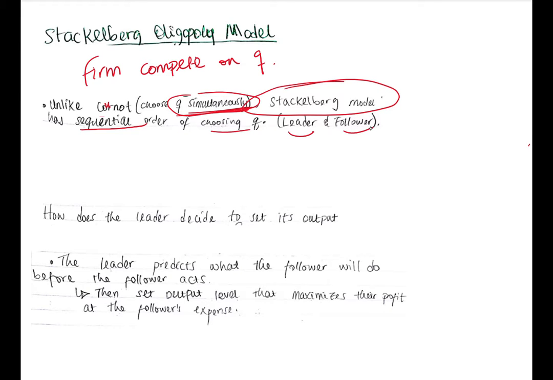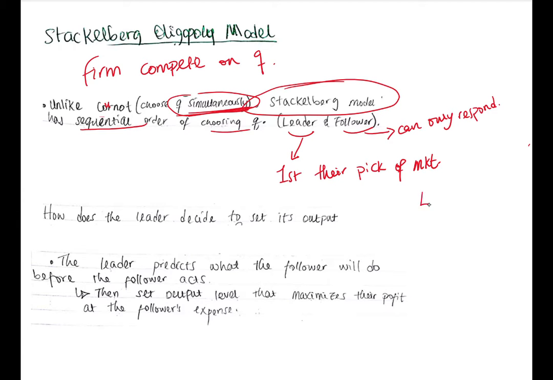A good example of this is when technology is introduced to the market. Firms rush to be the first to do this because then they have their pick of the markets. They can sell as much Q as they want to, and the follower can only respond in a way that will maximize their profits, because remember, all their choices are based on what the other person does.